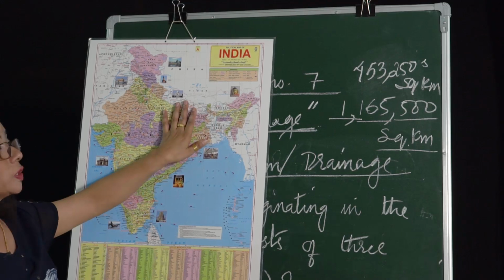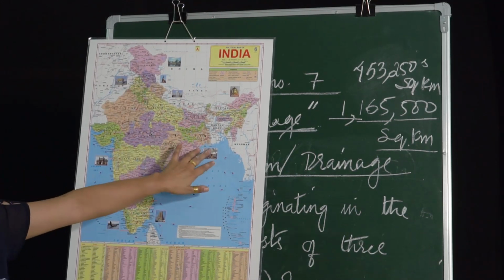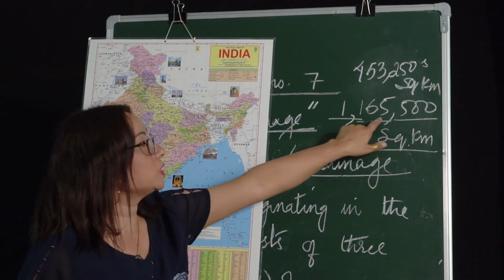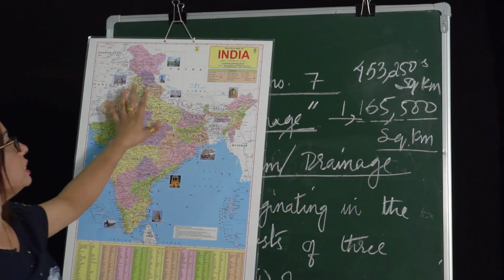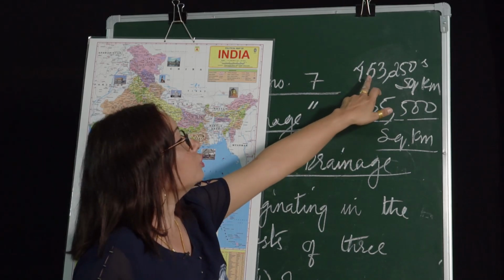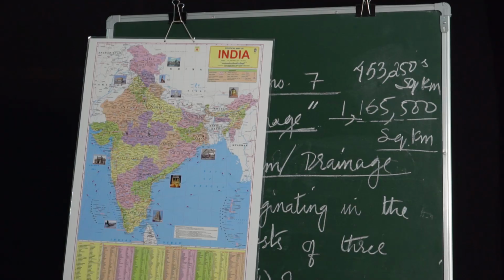It covers many countries: Pakistan, China, India, Bangladesh. So the Indus covers a total area of 1,165,500 square kilometers. In India itself, it drains a total area of 453,250 square kilometers of land.